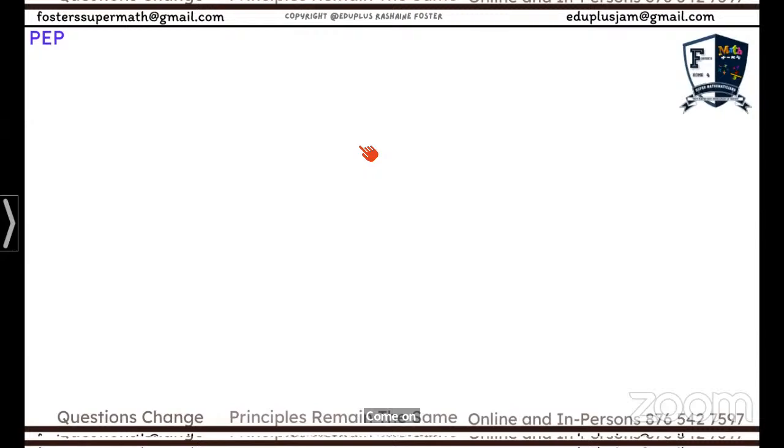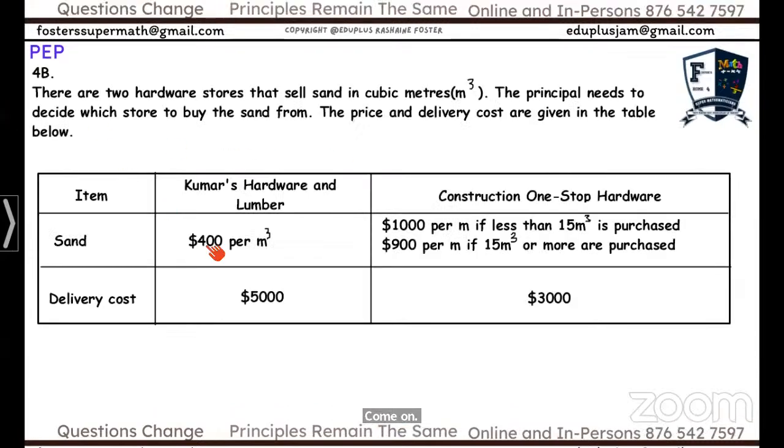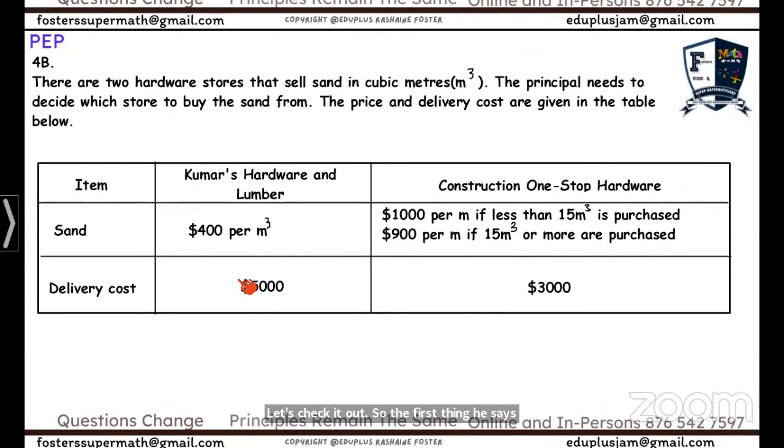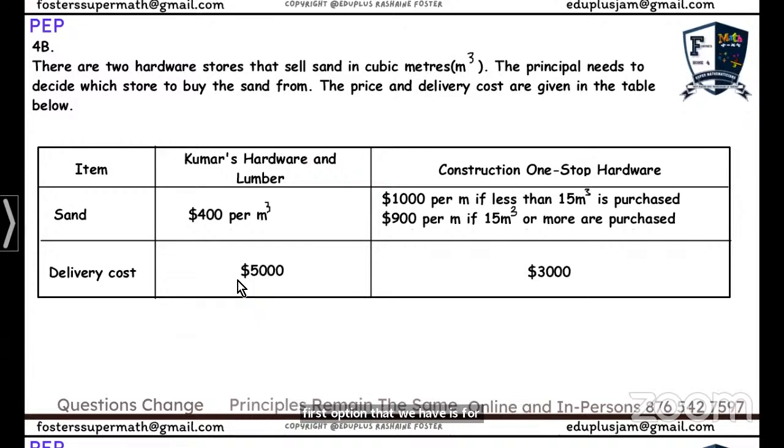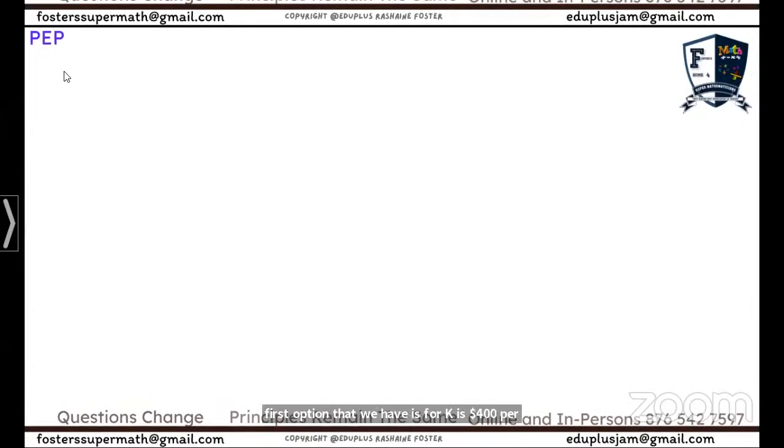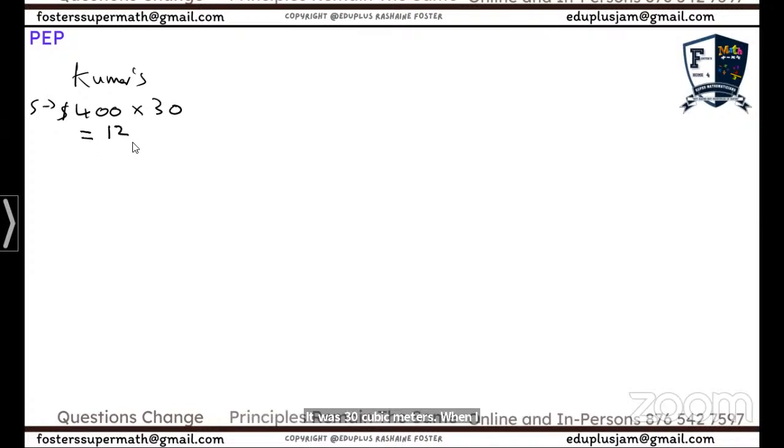So the first option that we have, for Kumar's, is $400 per cubic meter. And this is for the sand. And how many cubic meters did we get? It was 30 cubic meters. When I multiply that, how much money is that going to be?